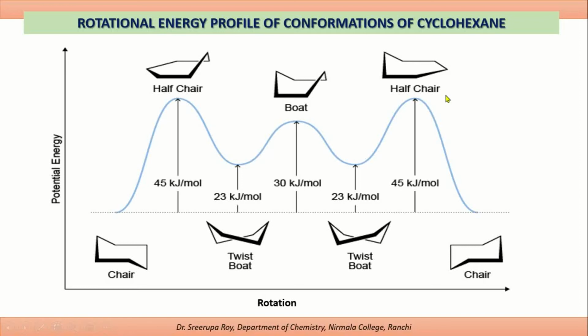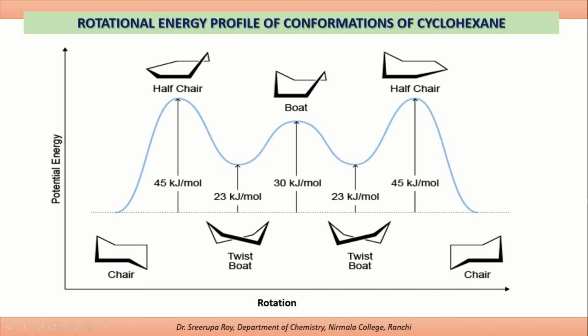So we get another half chair conformation here, and thereafter rotation of carbon-carbon single bond performed on the half chair conformation gives us another chair conformation, which is the mirror image of the first chair conformation from where we had started the rotational operation.